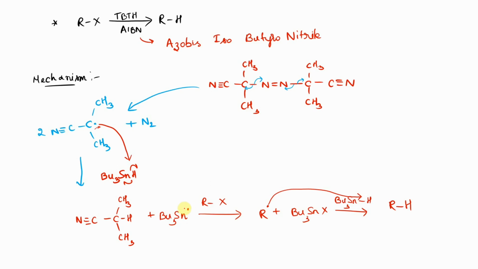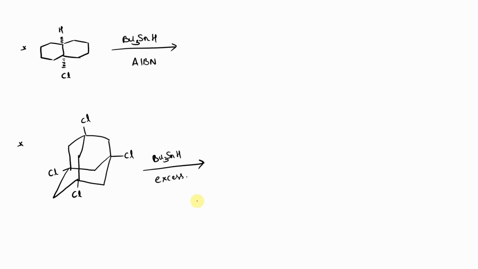This tin free radical attacks the halide group present in our reagent alkyl halide, leading to the formation of an alkyl free radical, which in turn attacks one more hydride present in the tributyl tin hydride, leading to the formation of alkane.